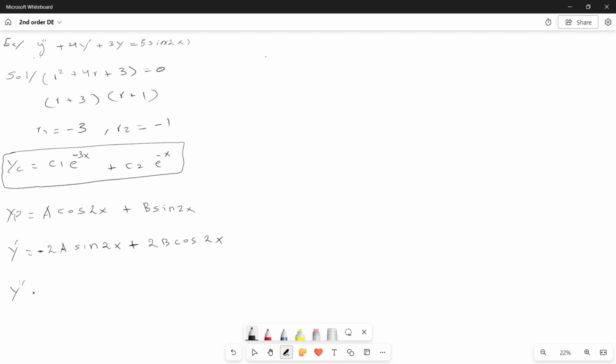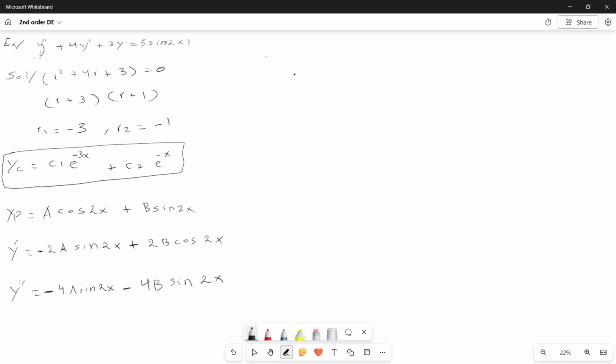Y double dash is negative 4a cosine 2x, sorry, that would be minus 4b sine 2x.